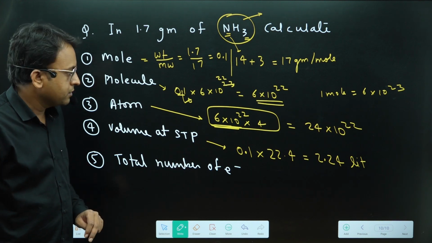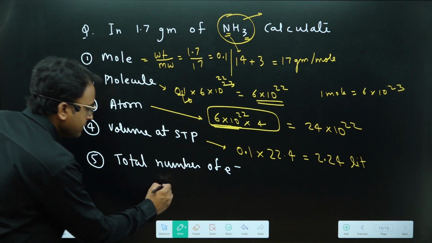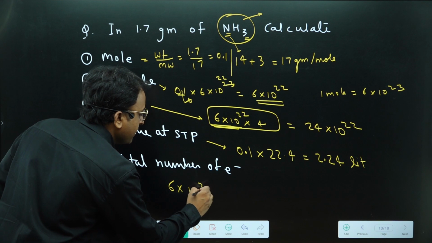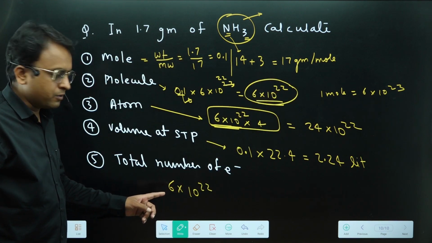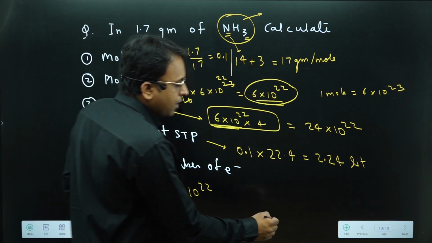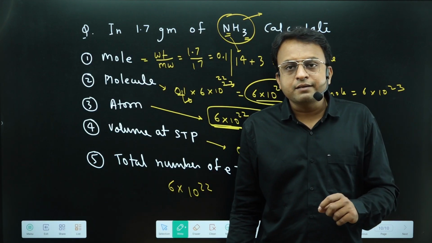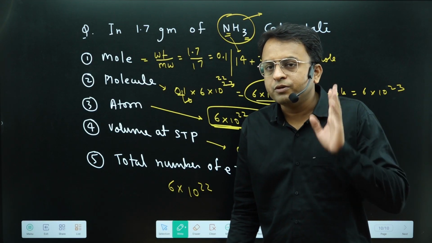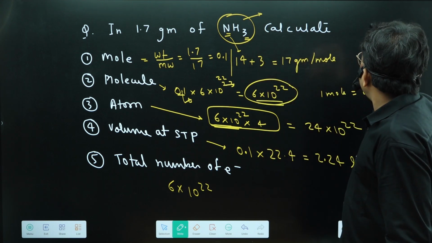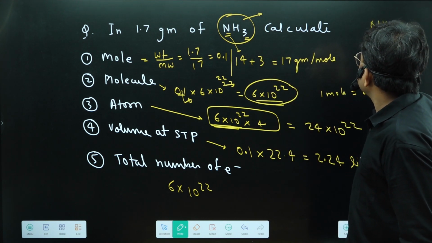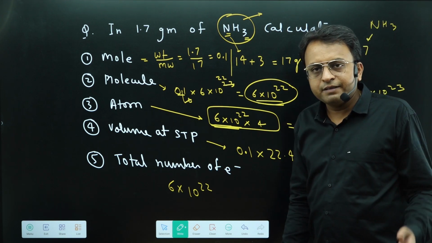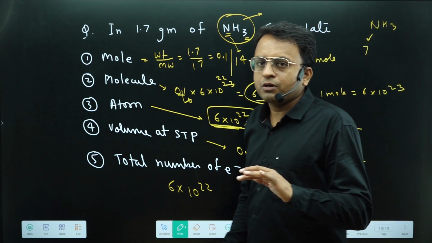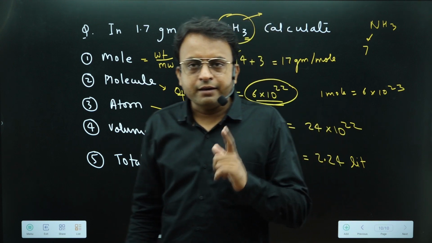Total number of electrons. How many molecules do we have? We have 6 into 10 to the power 22 molecules. Now, how many electrons are present in one molecule of ammonia? Ammonia is NH3. Nitrogen has 7 electrons, it has atomic number of 7. The number of electrons and protons in an atom is the same.